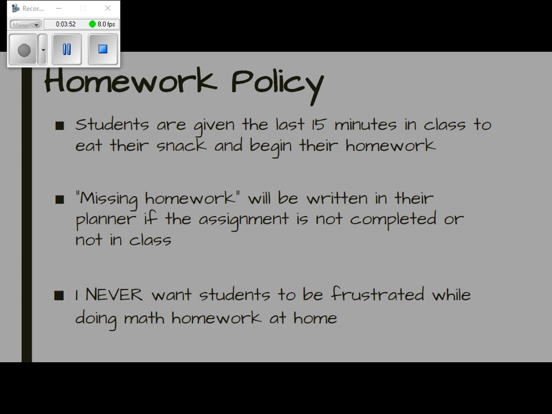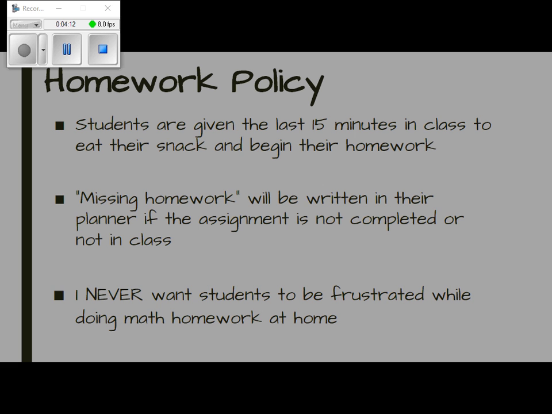Math is taught quite differently. Even when I was in school, it's different now. We focus a lot on the conceptual understanding. We do want to get to those procedures, the more efficient way of solving math problems, but we want to make sure we understand what's going on first.